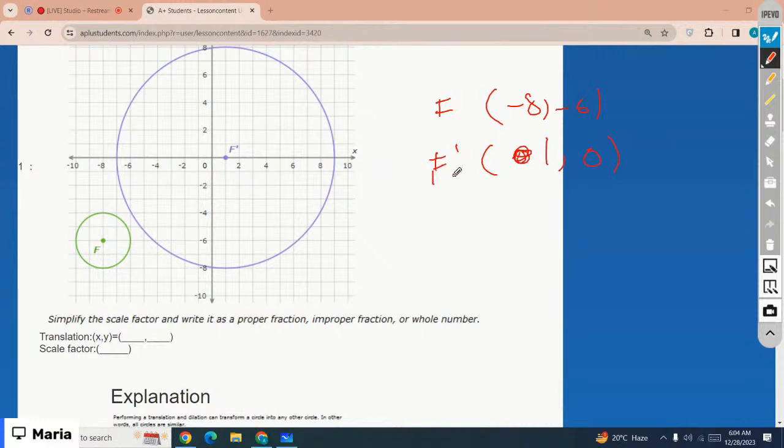That is the dilated center of the circle, right? So how do you go from -8 to 1? You move from here to here. You moved 9 points, right? That means you moved x plus 9.